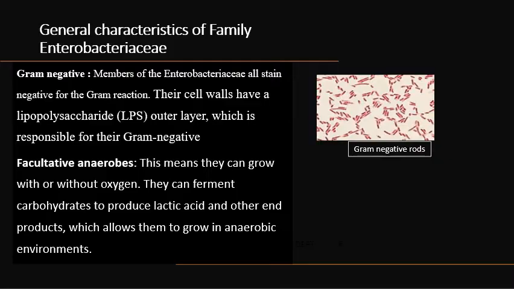They are all gram-negative in terms of gram reaction, and also they are facultative anaerobes, which means they grow with or without the presence of oxygen, and they can all ferment carbohydrate to produce lactic acid, and this allows them to adapt to anaerobic environment during fermentation.